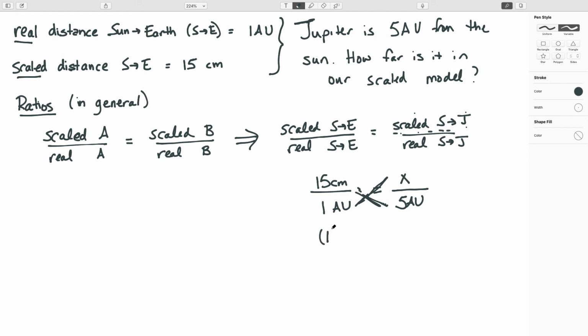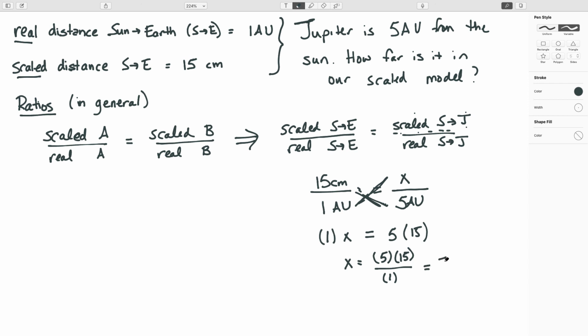I'm going to say 1 times x, and you may be like, 1 times x is x, why'd you put the 1 there? Because we're going to have some cases where this is not 1, and I want to show you how to solve it. So we'll make that really explicit there. And then on the other side, we're going to say 5 times 15. When we solve for x, it'll be 5 times 15, and then we'll divide by 1 to get x by itself.